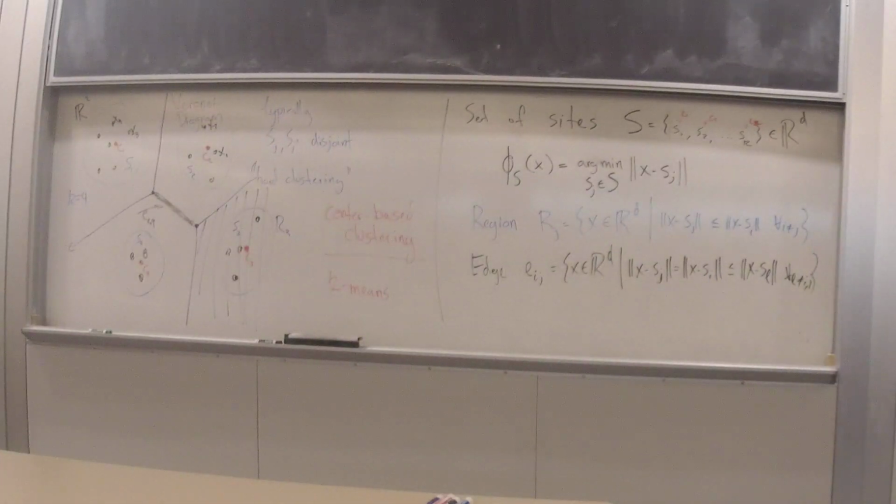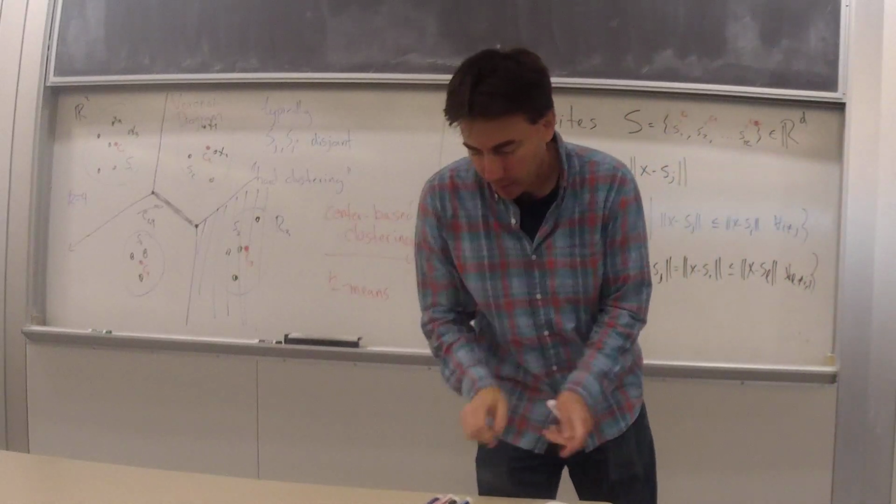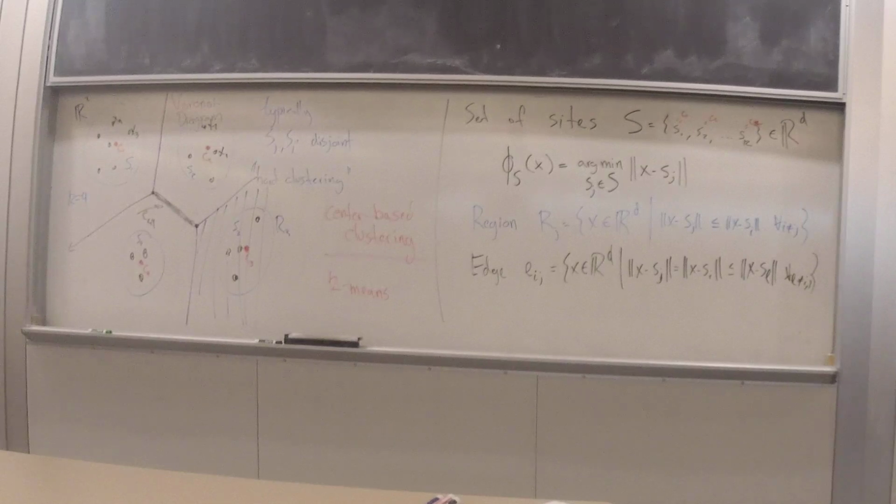If I draw this, e_2,4, with s_2 and s_4, then it's the bisector between these two sites. If I pick any point x and draw a circle centered at x that goes through s_2, it will also go through s_4, so this distance is equal, right? The distance to s_2 is equal to the distance to s_4.